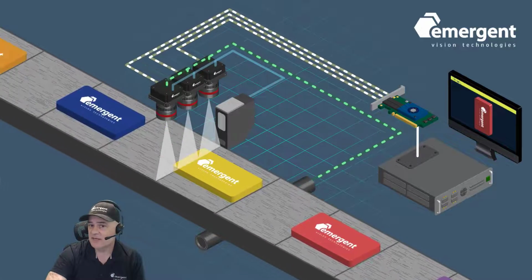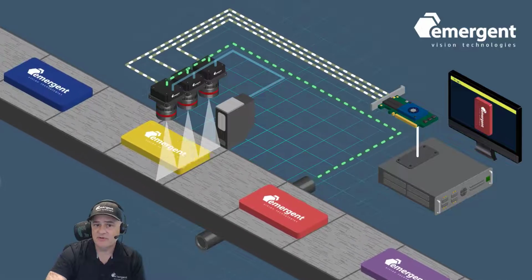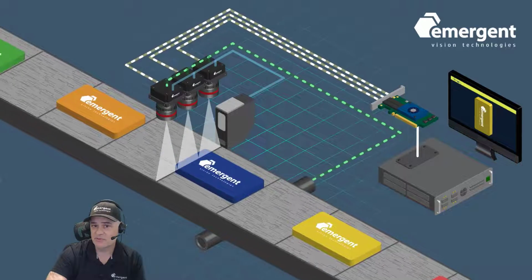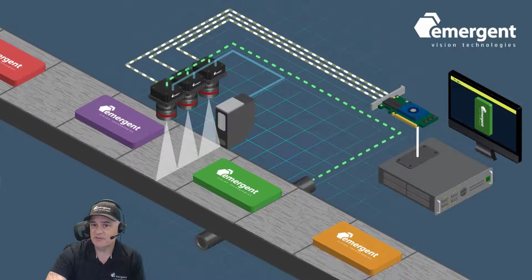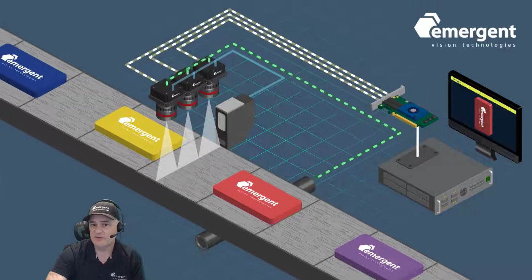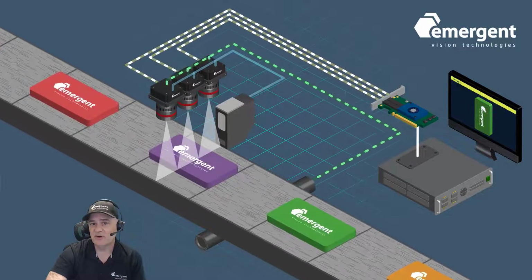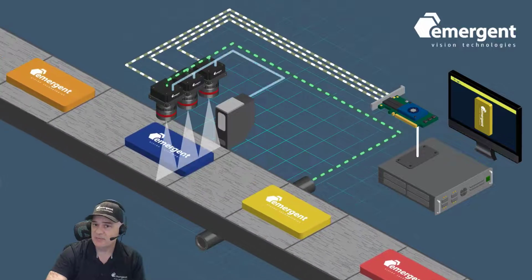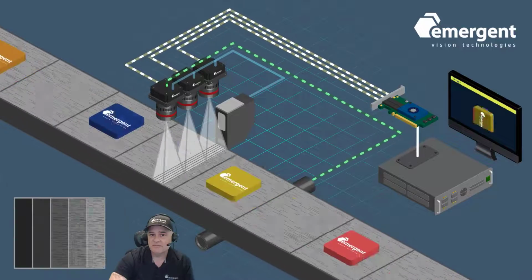The individual lines of a given frame are triggered synchronously through the use of the continuous encoder signal shown in green. The lines of a given image are immediately transmitted back to the computer and assembled in the user buffer with zero-copy technology. Emergent line scan cameras have encoder RS422AB inputs, 1 trigger input, and 2 outputs.